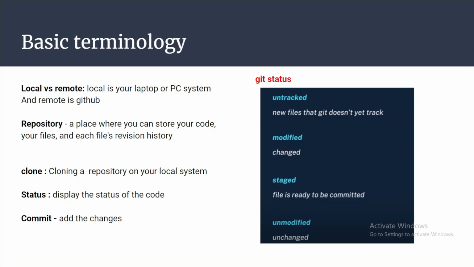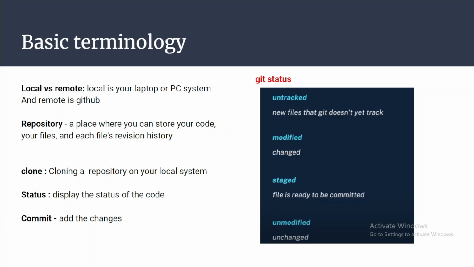Now status means displaying the status of the code. If you are making any changes and you ask Git to show the status, Git will show the status of both tracked and untracked files and all the changes you are making in those files. That is the part of the status.